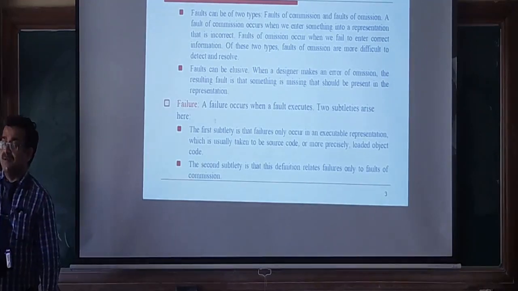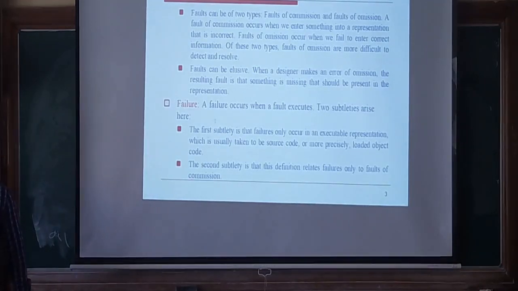The first subtlety is that a failure can only occur in an executable representation, which is usually taken to be the source code, and more precisely the loaded object code. So when we execute a fault of commission, we get some failure in the executable representation.